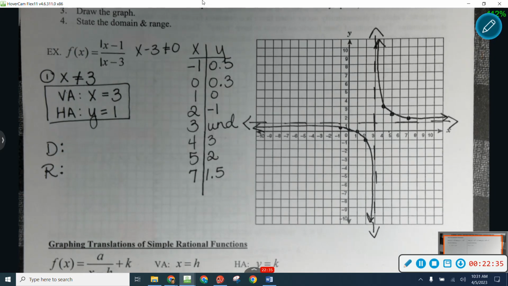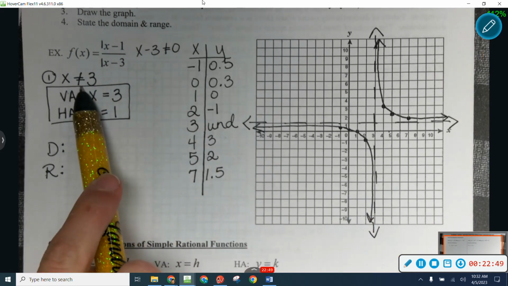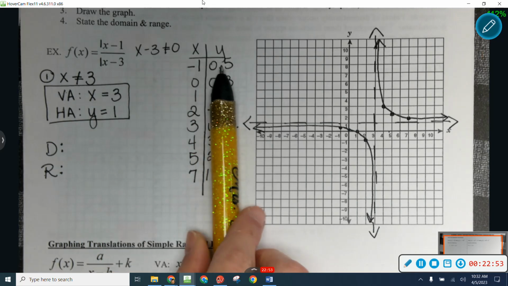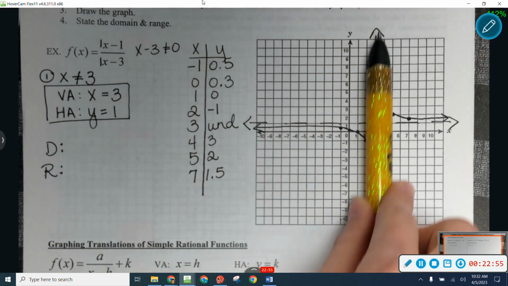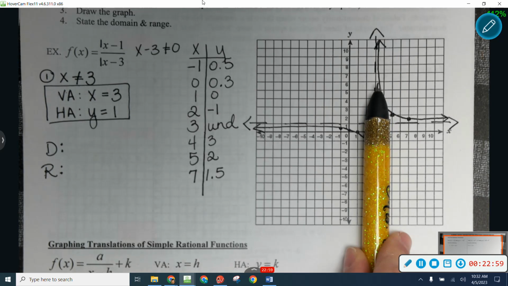Okay, so once I graph that, I need to state my domain and range. My domain is my all possible values for my x, right? So I'm going left to right. My only restriction on my domain is x cannot equal 3. So that means I'm going from -infinity all the way to that asymptote. I can't have 3. Okay?